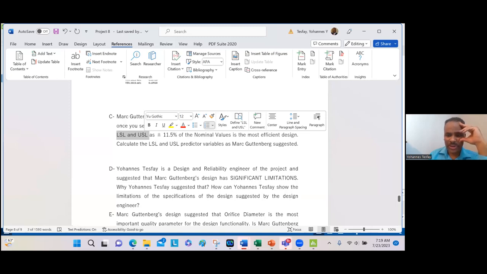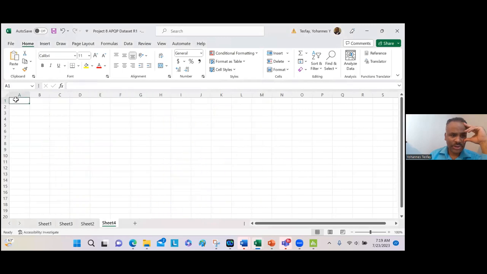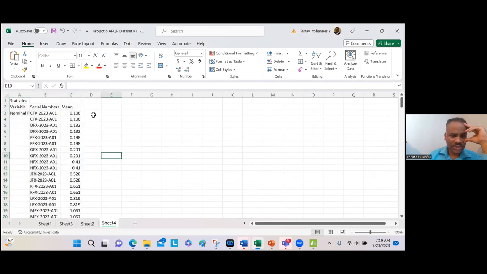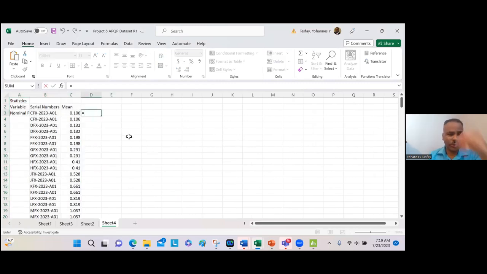So you're going to go here and paste it like that. Just like that. So here lower specification limit is equal to the mean minus 0.11, okay, 11%, times the mean, this value. Then you're going to just put it. This is the lower specification limit, and upper specification limit is equal to mean plus 0.11 times this one.